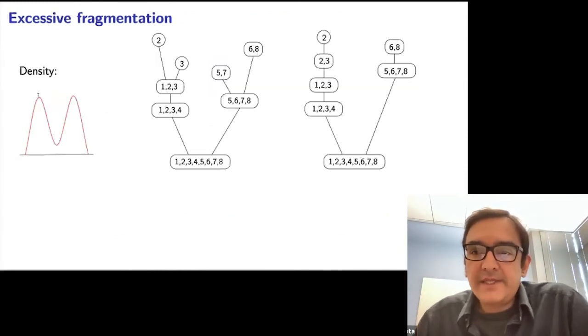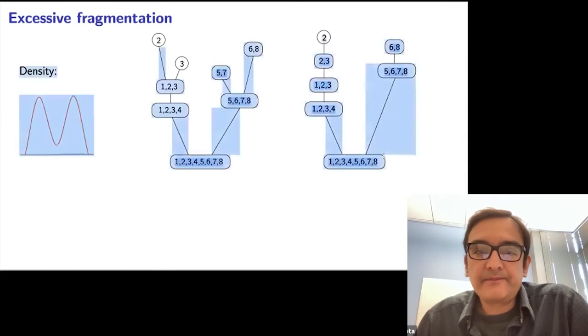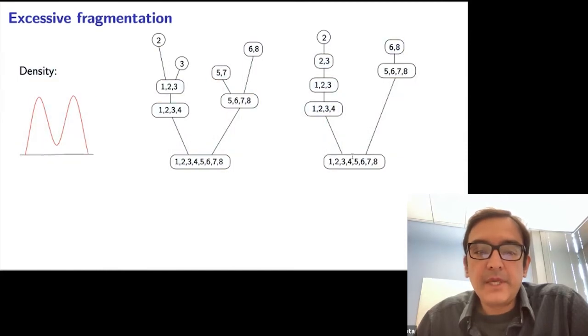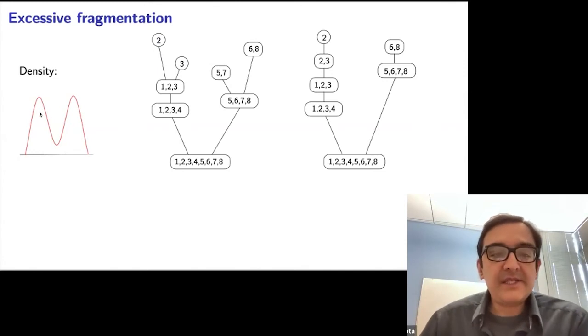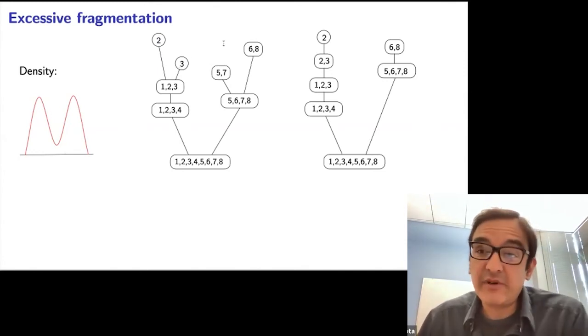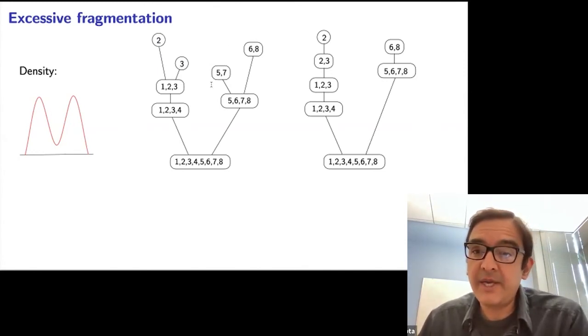So over here is a density where there should be two clusters. There are two modes. And what we'd like is to get a tree like this one on the right. But Hartigan's definition makes it possible to get a tree like this, where for the cluster on the left, there is some sort of fragmentation over there, okay?